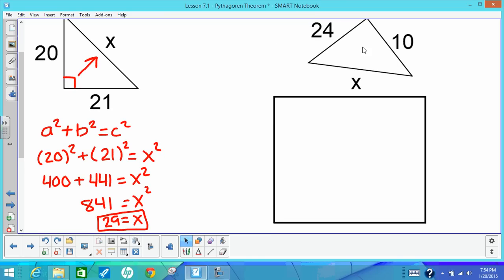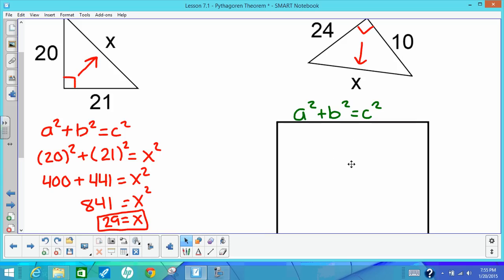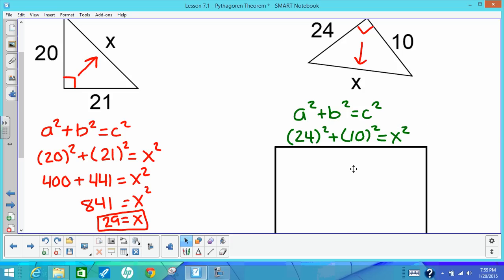A similar example over here. I have sides that are legs that are 24 and 10, and my hypotenuse is x, so we're missing the hypotenuse again. As I have for the last few examples, I write my Pythagorean theorem. Plug 24 and 10 in for a and b. It doesn't matter.